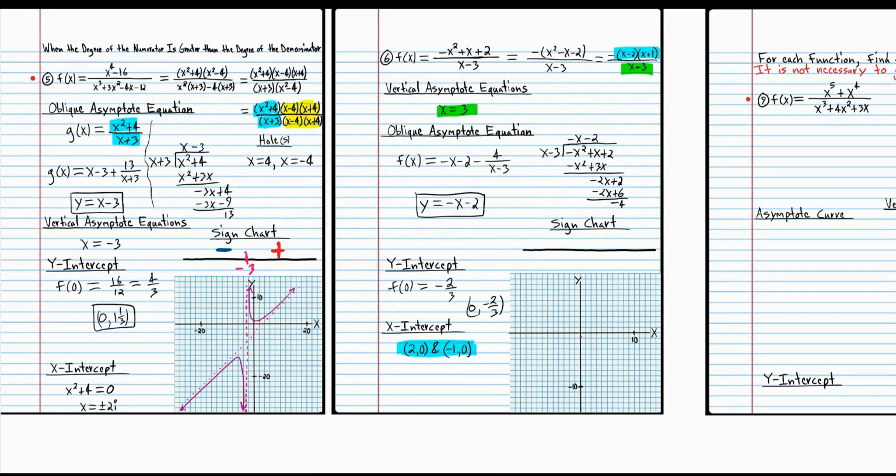And that's because to find the x-intercept, you let y be 0. So this expression has to be 0, but in order for a fraction to be 0, the numerator has to be 0. So x has to be 2 or negative 1. So let's plot those points.